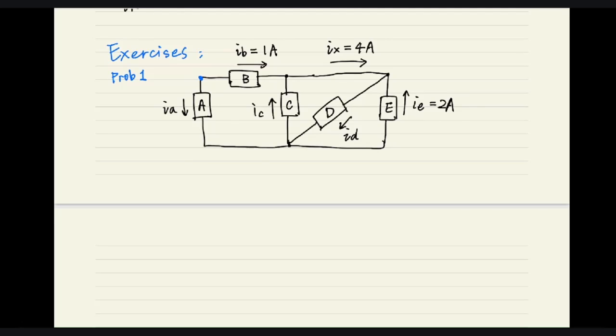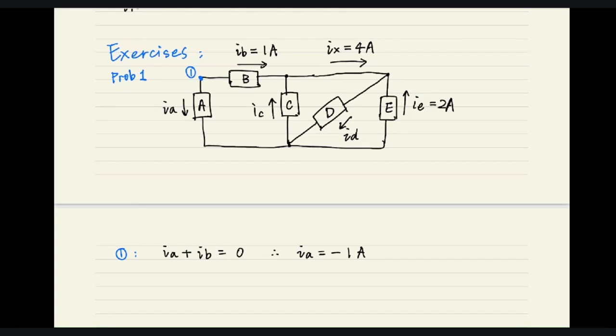Let's consider node 1 first. For node 1, we have current flowing out equals current flowing in, which is 0 here. So we get IA is minus 1 amp, right? This is the most direct current for us to solve.